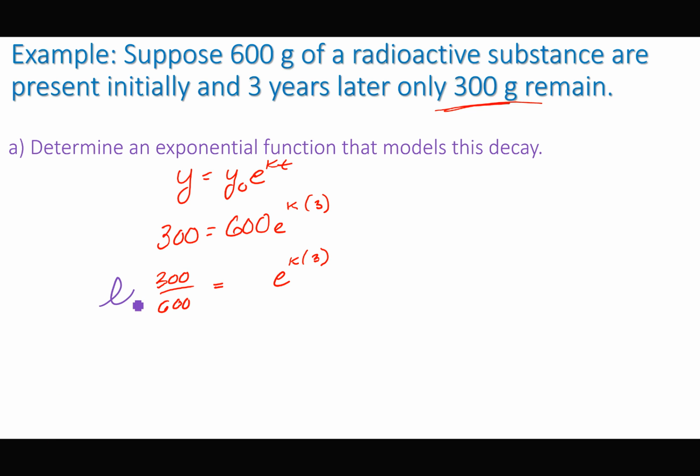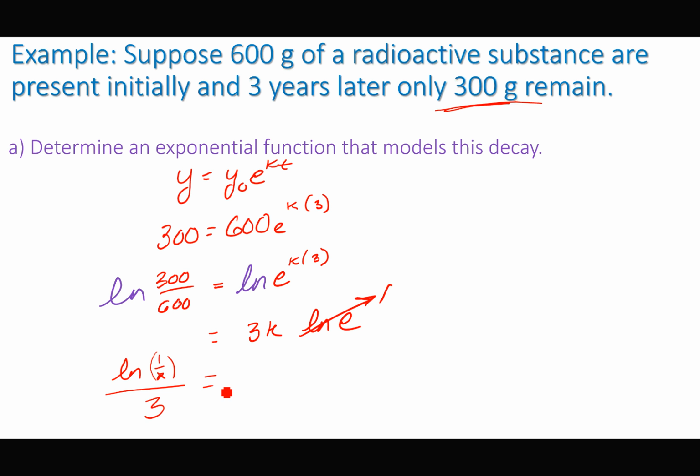If I take the natural log of each side, it allows me to rewrite this as 3k times the natural log of e, which is just 1. So we have the natural log of 300 divided by 600. I'm just going to write that as a half because that's the same thing.